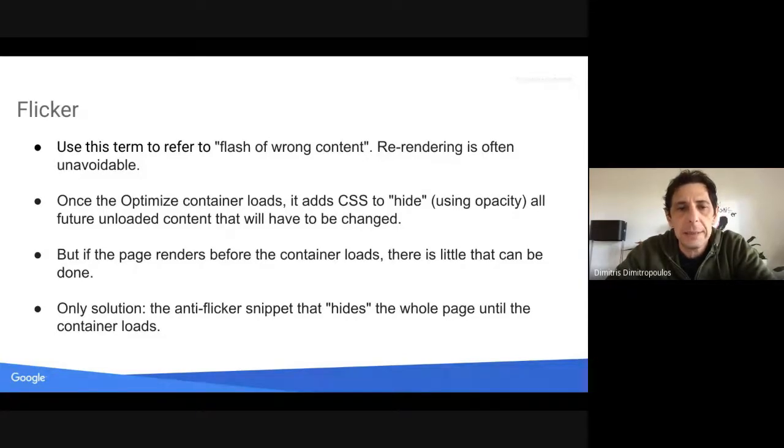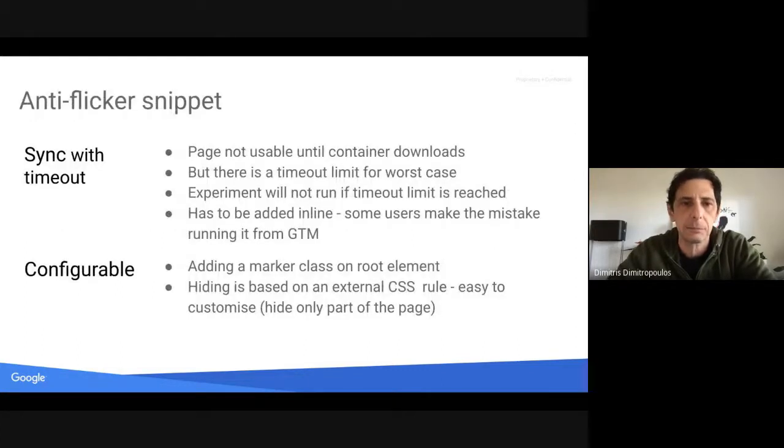So Optimize has some hiding once it loads to target content that may not have been parsed in the browser, because the script can load fast, but the content can be added later. That's like targeting hiding, and that's a much better way to hide. But the problem is that we need to be in the page to do that. Before that, for the synchronous case, we had that anti-flicker snippet that was mentioned that does opacity 0 on the whole page.